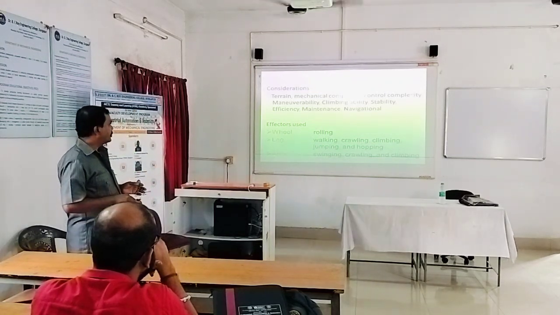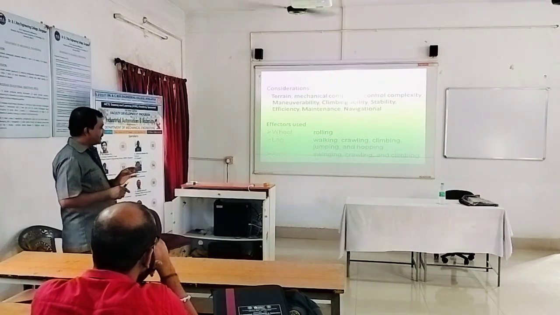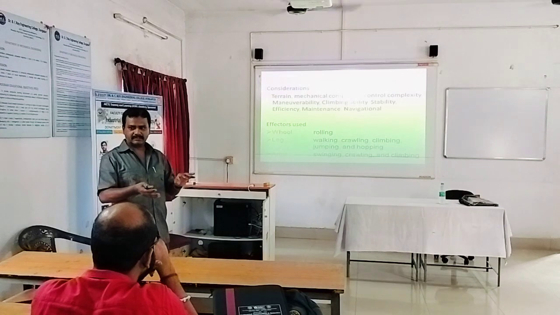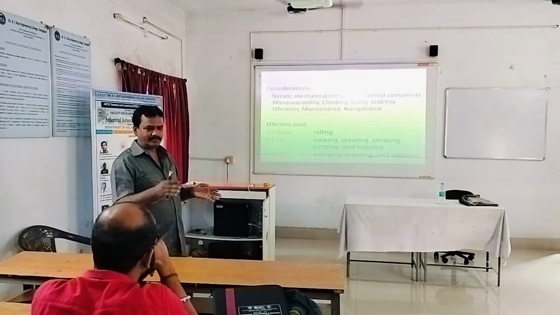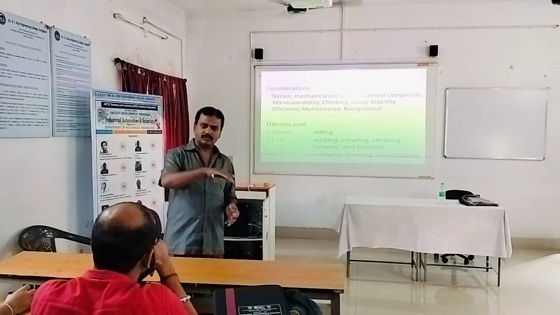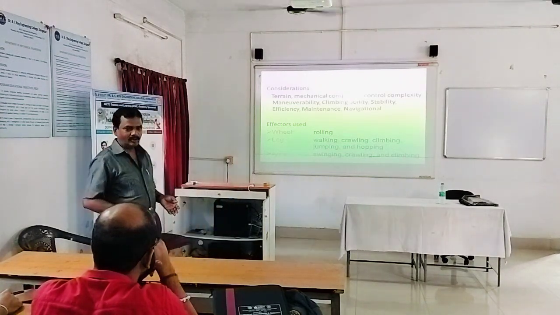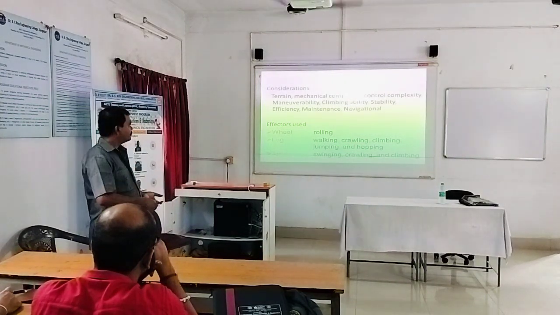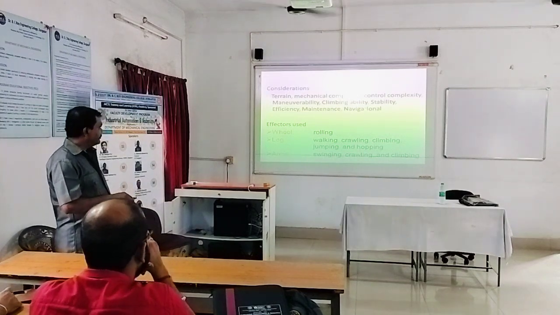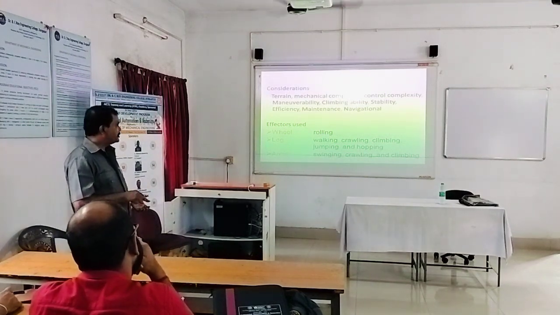That is control complexity. Then how it will manipulate, just like a manipulator. If there is an obstacle, how it will avoid that obstacle, or how it will grip something to make some movement. That is climbing.